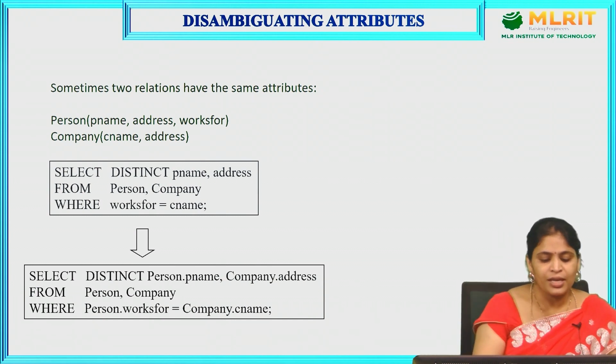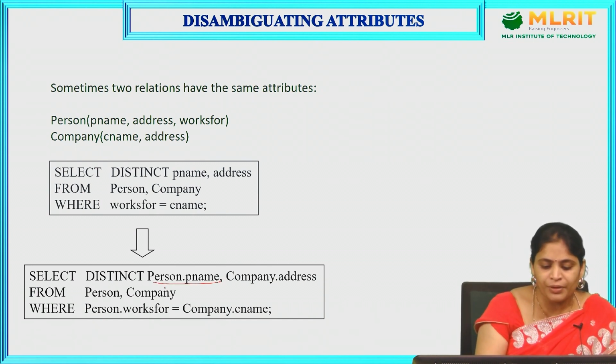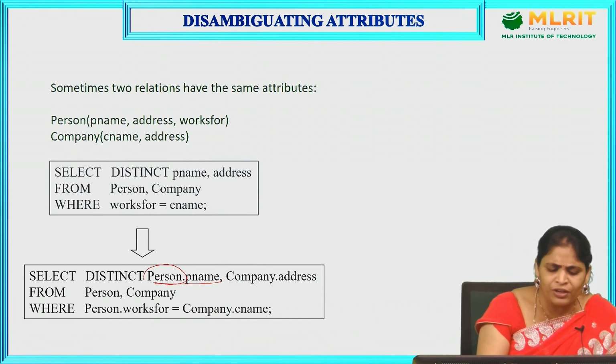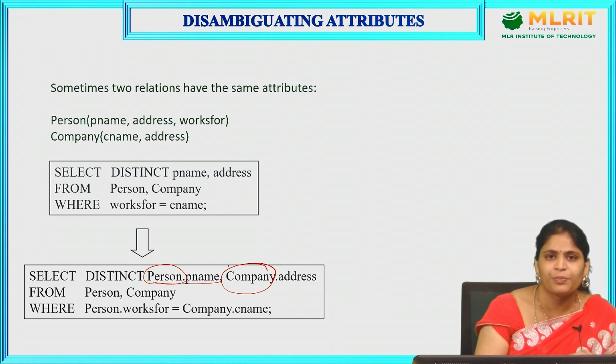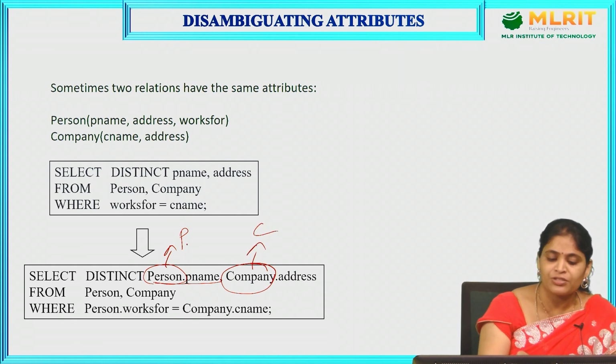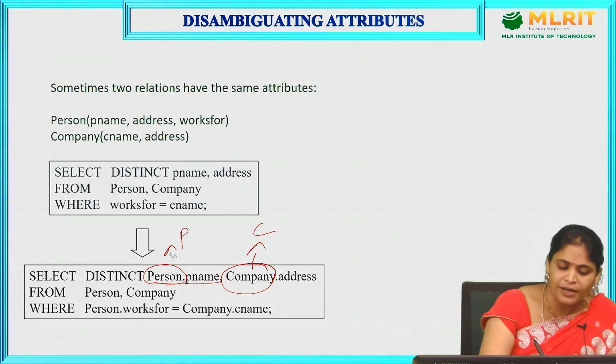Here, person dot pname. Instead of writing variables, I have represented the table names themselves, but you can represent variables also, whatever you require. So person dot pname, company dot address. What is this meant for?